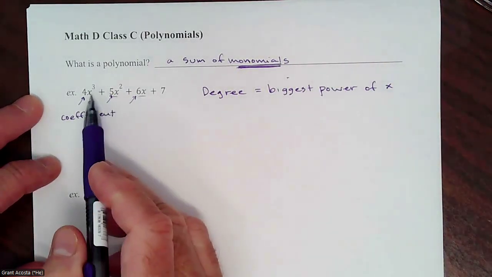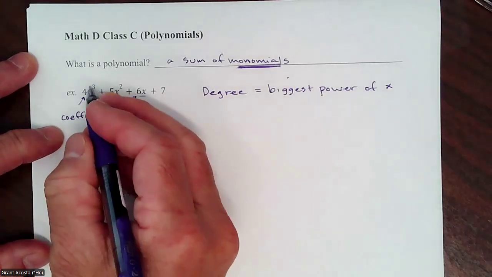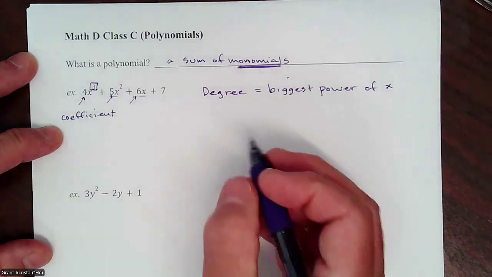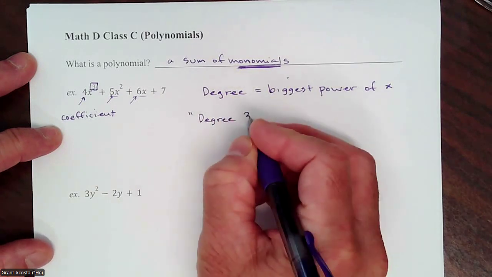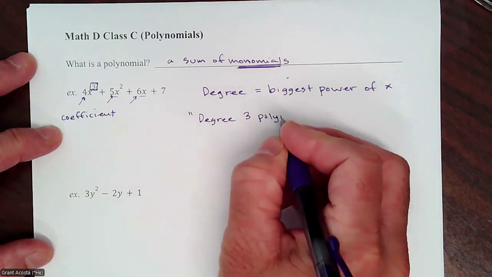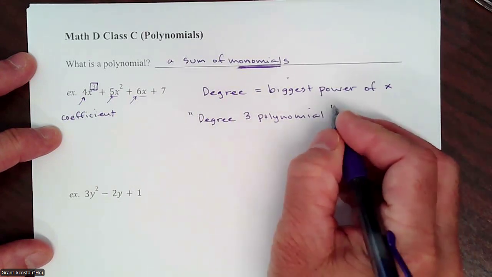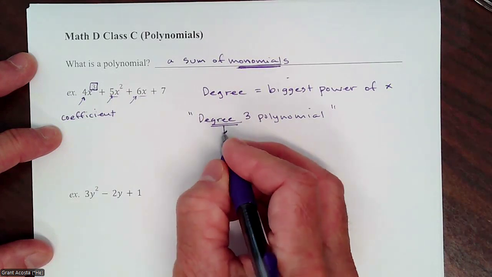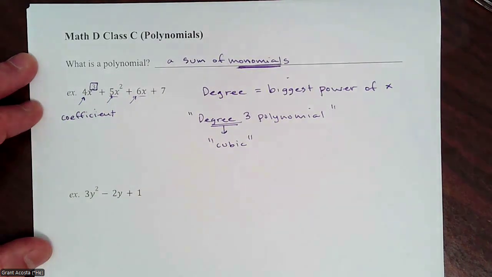So if I were to classify this polynomial, I would say that this is a degree 3 polynomial, since 3 is the biggest degree. We want to get a little more sophisticated. Degree 3, oftentimes we refer to that as a cubic polynomial.